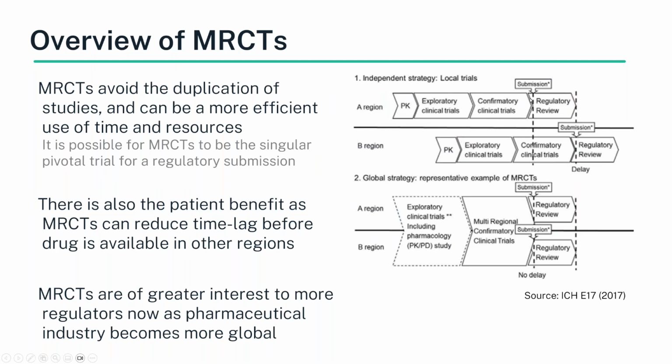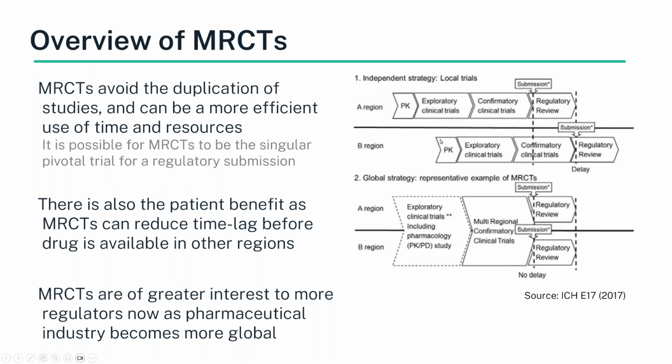From the point of initial submission to final regulatory approval, you can see there's a large delay in region B. There's also, because this might not necessarily have been fully planned, the requirement of trying to bring sites online in region B, and the various logistics that go with setting up a clinical trial.